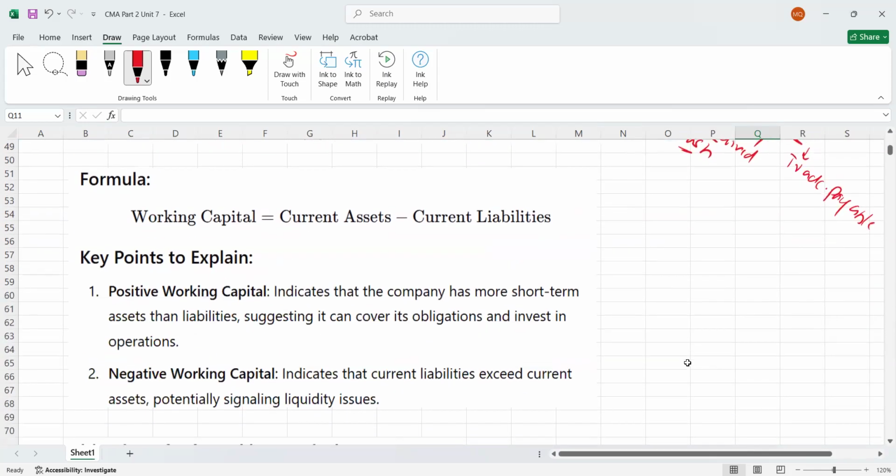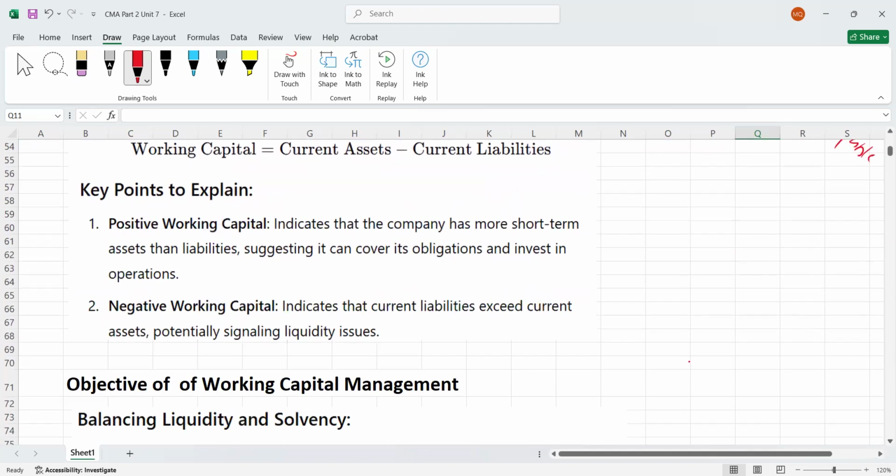Now here you have to understand the key points to explain while we discuss this formula. Working capital equals current assets minus current liabilities, right? For example, if your current assets are $100 and your current liabilities are $40, it means your net working capital is $60.